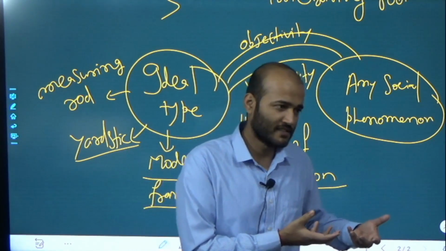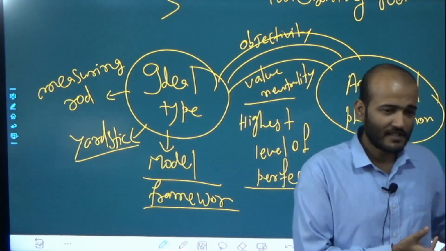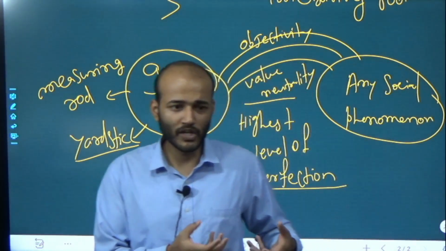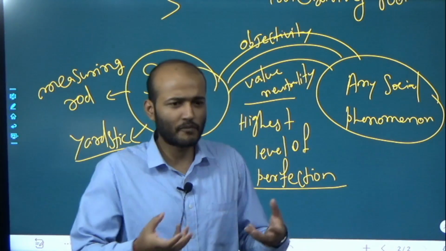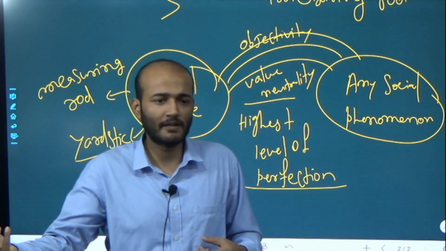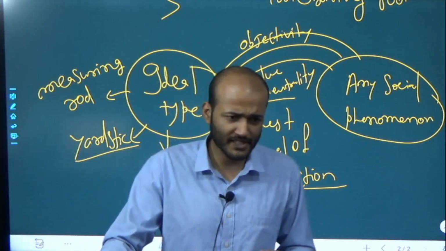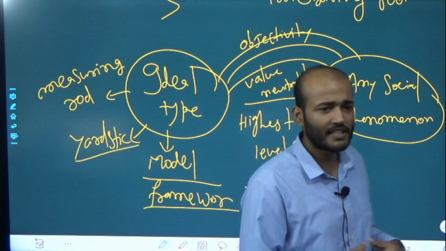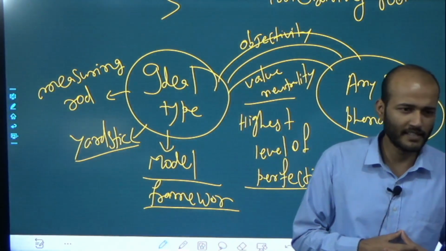Max Weber created a historical model itself. From the past he took Protestant ethics values and tried to explain the current phenomenon of rising capitalism. So such kind of ideal type can be called a historical explanation of ideal type.